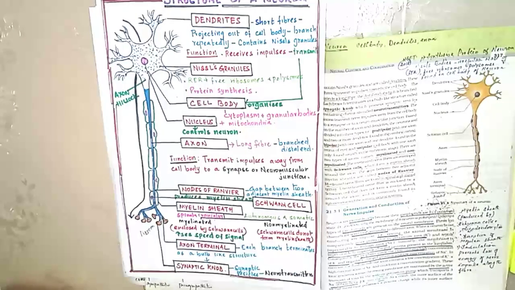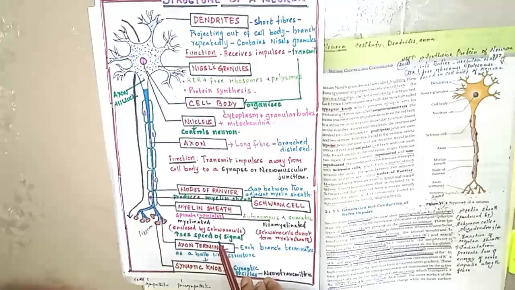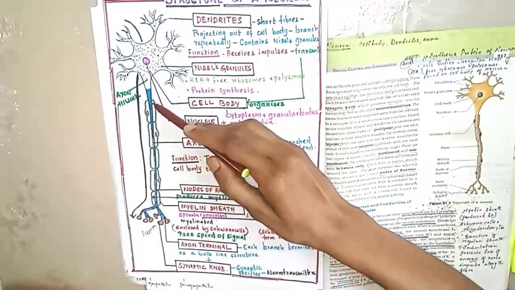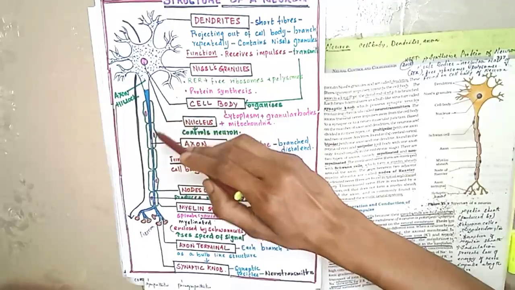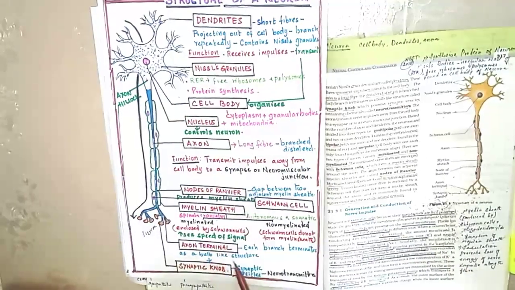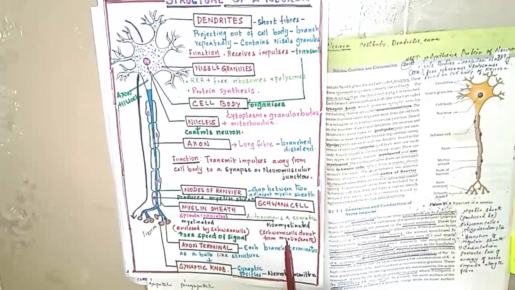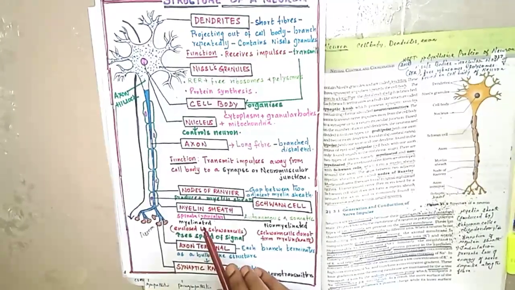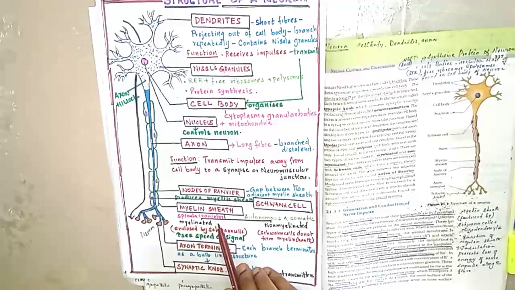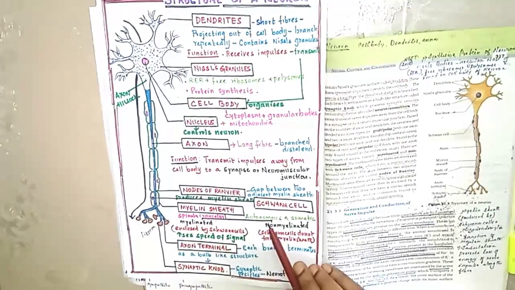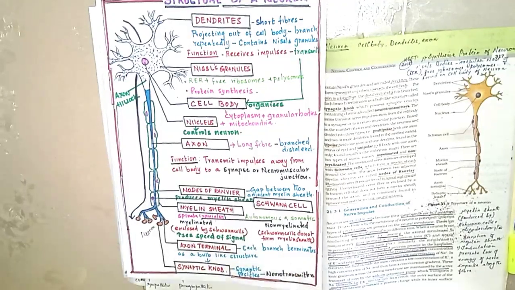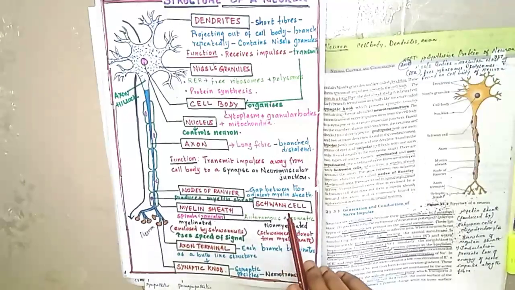Myelinated means it contains myelin sheath. What is the use of myelin sheath? It increases the speed of the signal. If the neuron has a myelin sheath, the signal will pass very quickly. If the neuron doesn't have a myelin sheath, it is called a non-myelinated nerve fiber. Myelinated nerve fibers are present in spinal and cranial nerves. Non-myelinated nerve fibers are present in autonomic and somatic nerves. Myelin sheath is formed by Schwann cells, a very important MCQ.